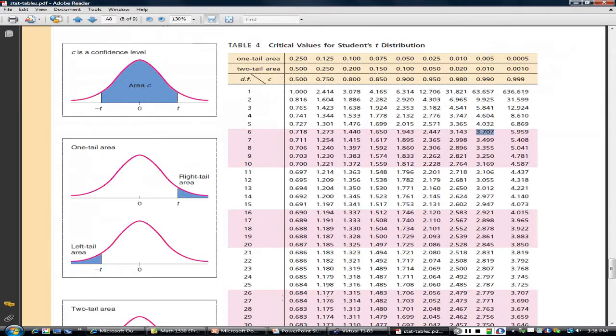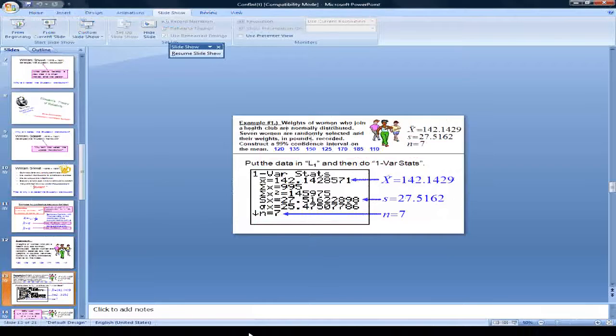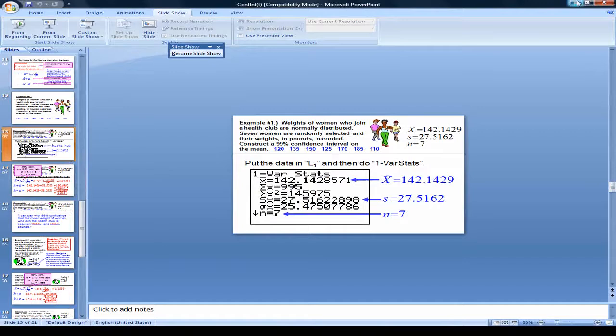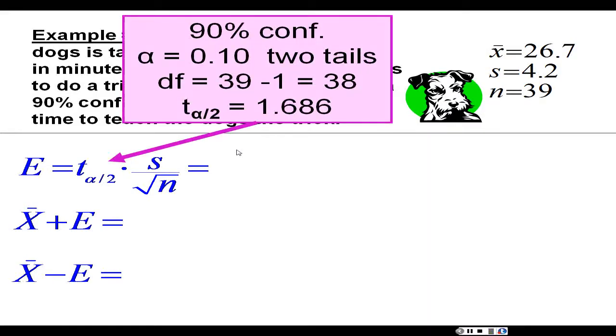You're looking for 38 degrees of freedom, and notice that this one does not have it. Well, we don't have it, but we can find it in other tables. Just to tell you, with 38 degrees of freedom, your t-value will be about 1.686.